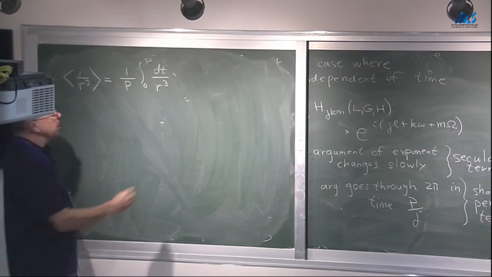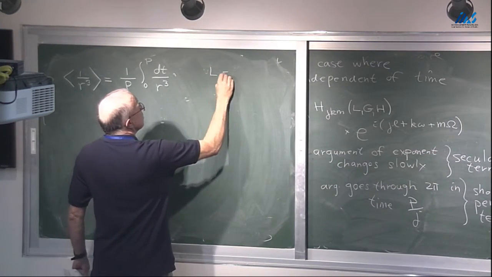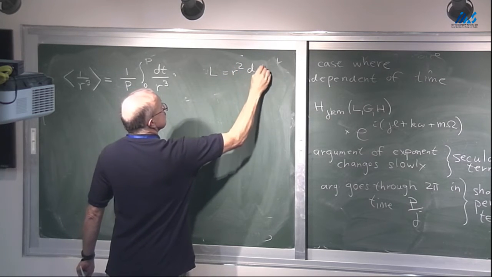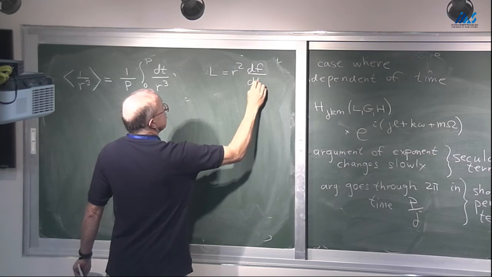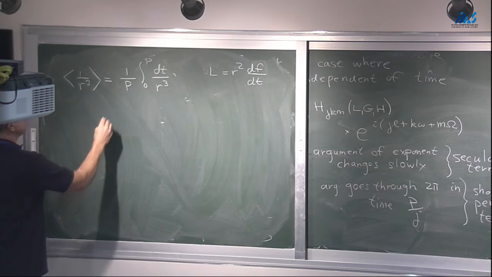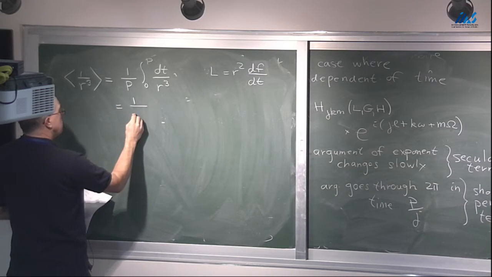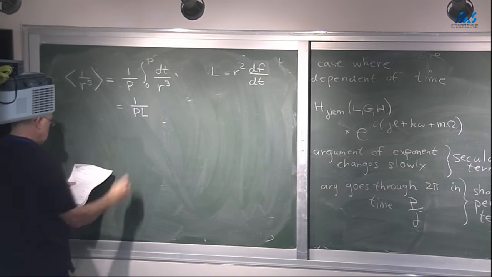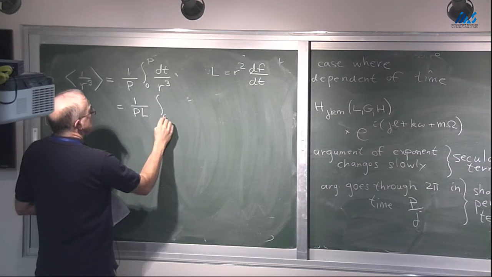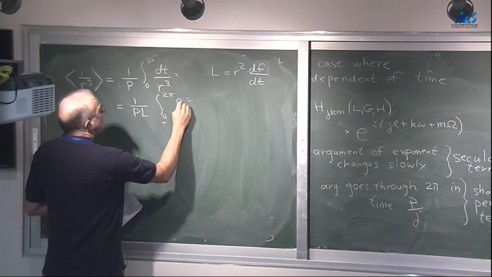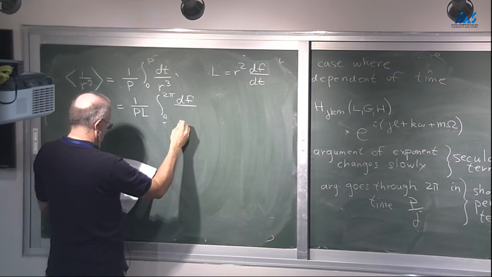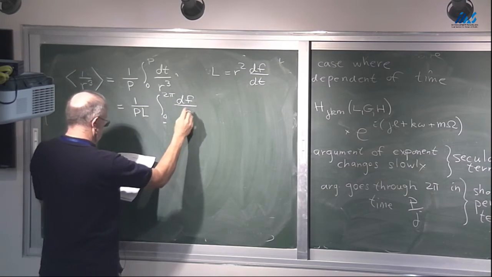And remember that the angular momentum is r squared times the rate of change of the true anomaly, and so I can replace this as 1 over P times L, integral 0 to 2 pi of df over r.